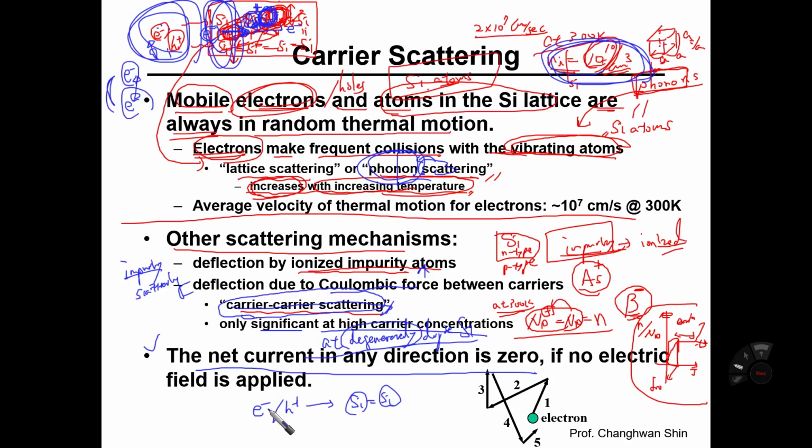But whenever we see positively or negatively charged carriers moving, we can expect that any single electron or hole can create a very tiny amount of current, right? Because the charged particle is moving.